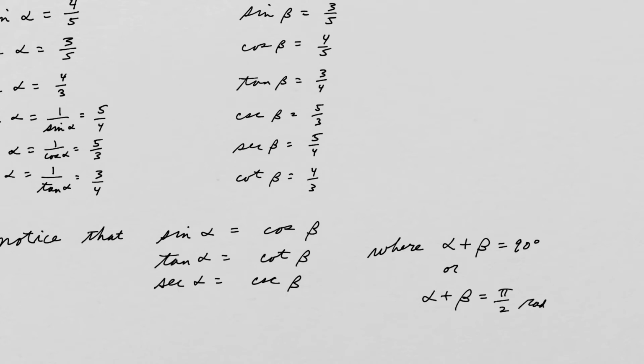Okay, well, there is a reason why this is true, and they're called cofunction identities. Let me do that on the next page. So cofunction identities.